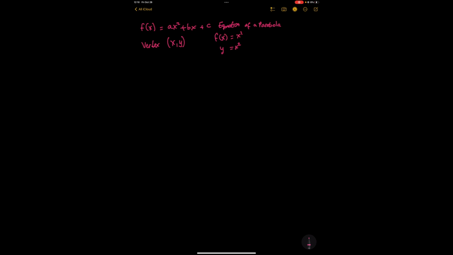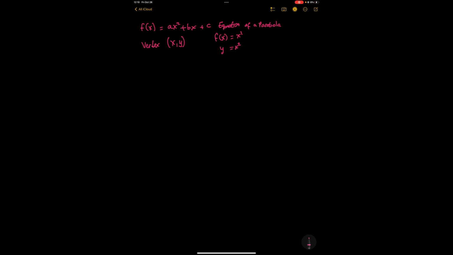The vertex is the coordinate of the parabola where either the smallest or the highest value is. We're going to look at that.